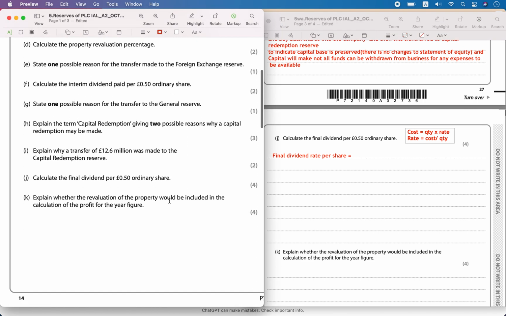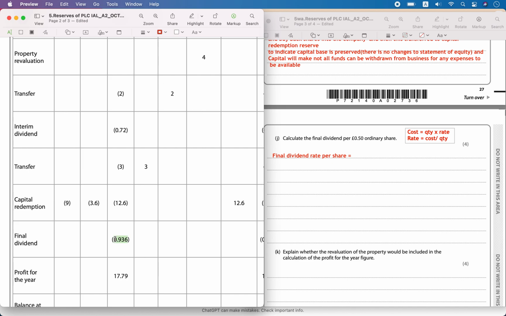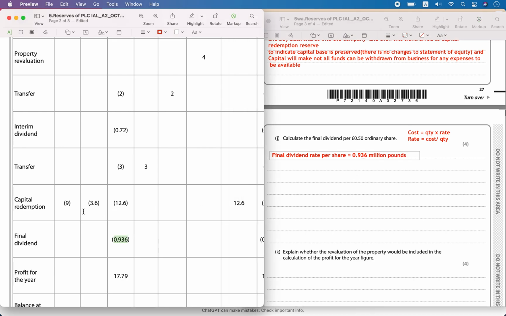Now the cost for the final dividend, you can get it from here. We have seen it is 0.936 million pounds.